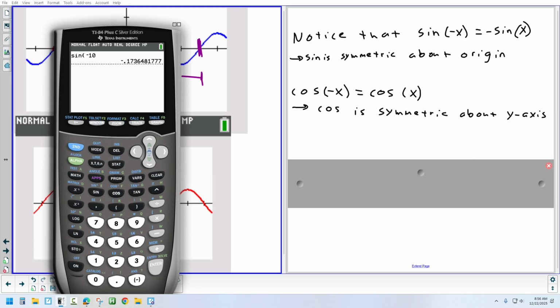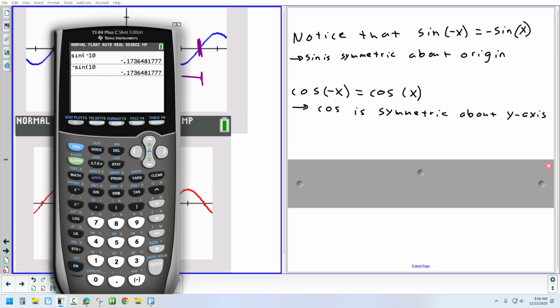What should that be the same as, if I didn't want to write it with a negative inside the parentheses? Rush? Negative sine of positive 10. Yeah, negative sine of positive 10.